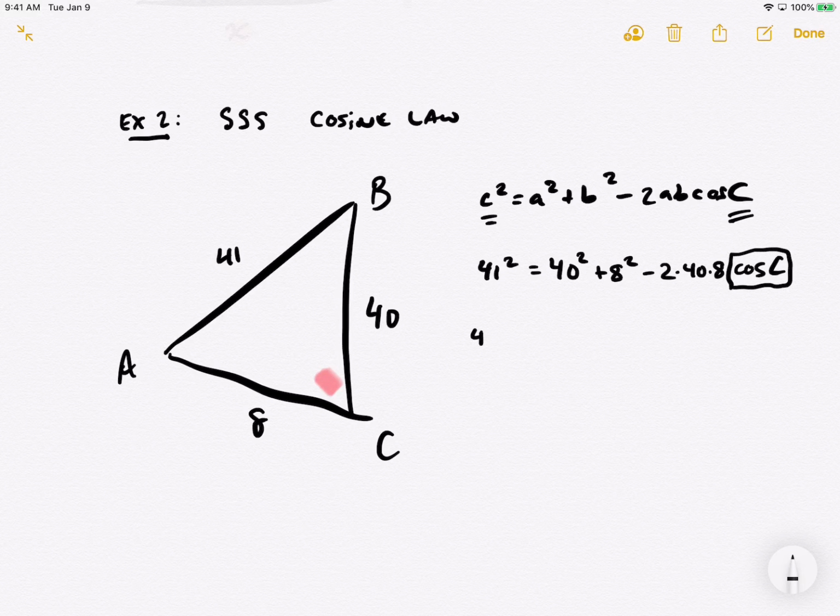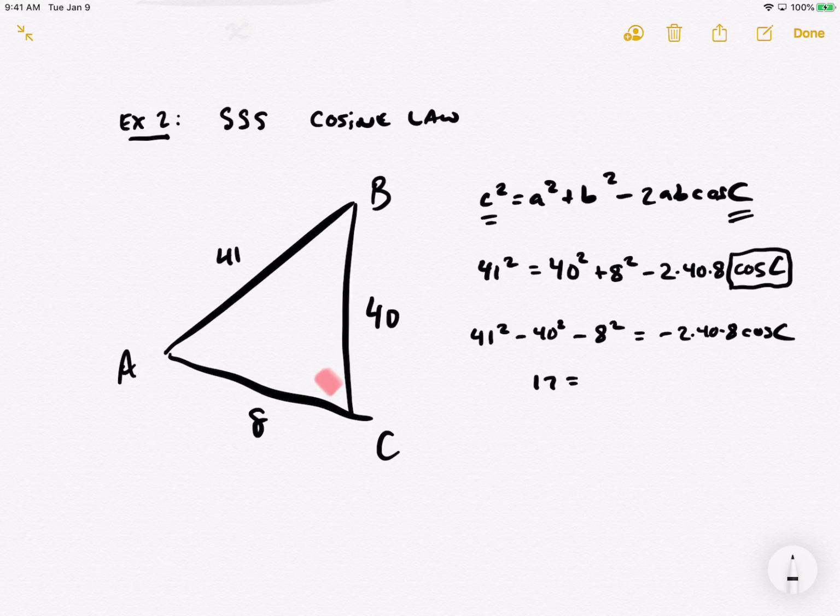So that would be 41 squared minus 40 squared minus 8 squared equals negative 2 times 40 times 8 cosine of C. And then 41 squared minus 40 squared minus 8 squared is equal to 17.